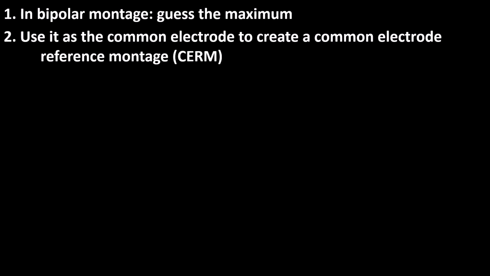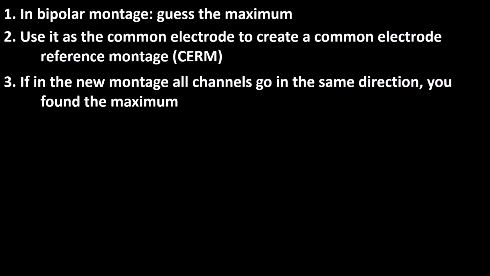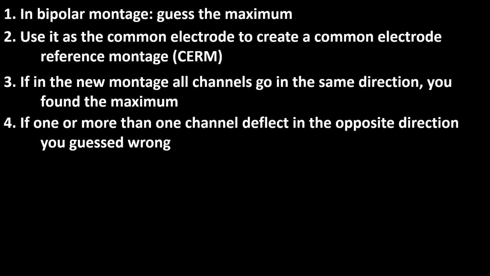Starting with a bipolar montage, the first thing you must do is guess the maximum. Next, you should use it as the common electrode to create a common electrode reference montage. Third, if in the new montage all channels go in the same direction, you found the maximum. Fourth, if one or more than one channel deflects in the opposite direction, you guessed wrong.